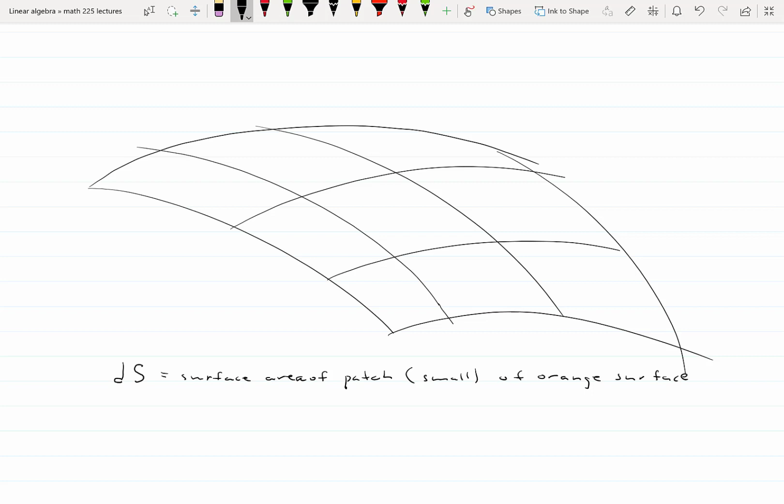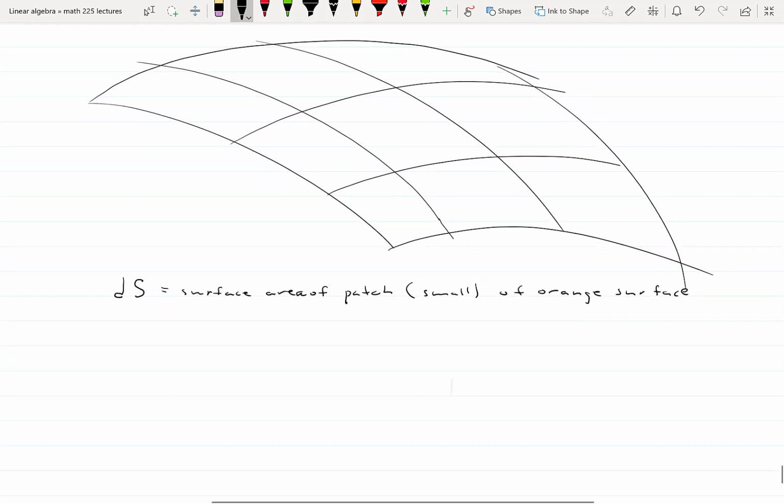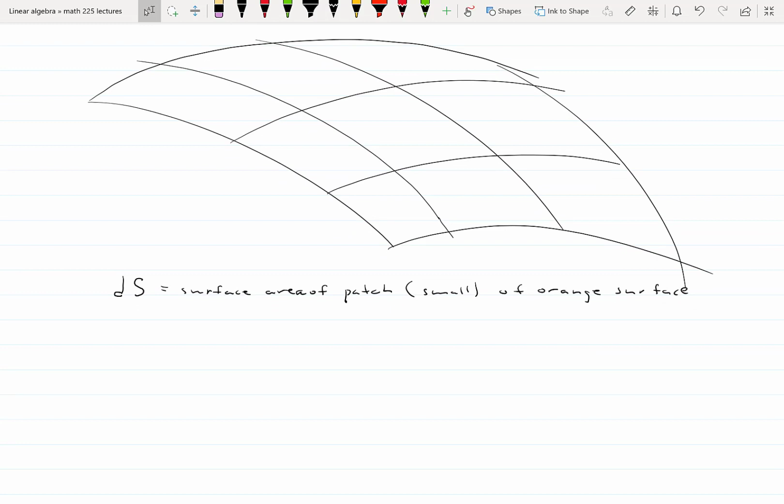Each of those small patches is so small that they're approximately planar, approximately flat, like planes. So we can consider the surface of the orange being divided up into a whole bunch of little, literally flat, planar patches.